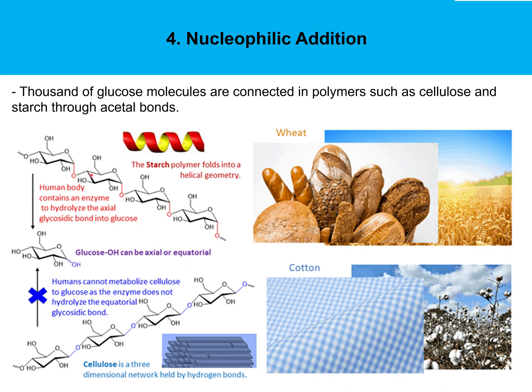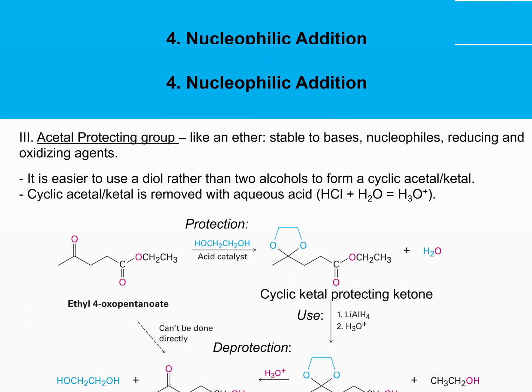So there are 2 alkoxide groups going to the same carbon. That is what an acetal is. The same thing occurs with cellulose. So this carbon here will have 2 alkoxide groups attached to it. So that is also an acetal.